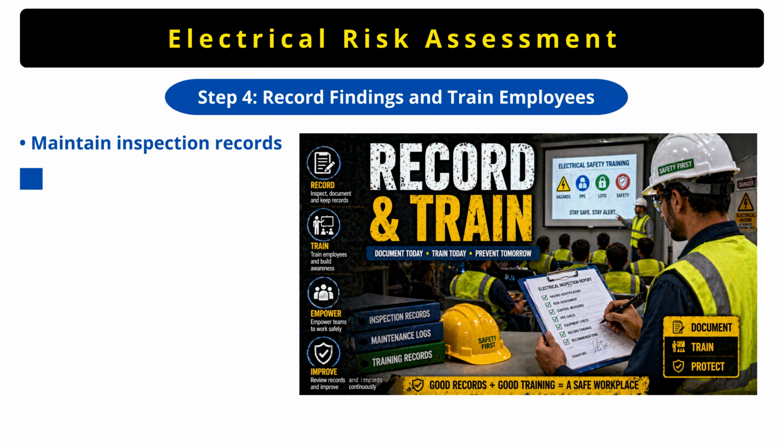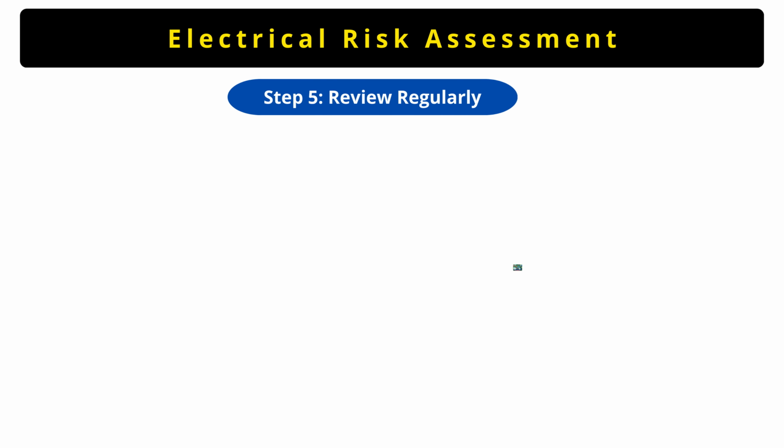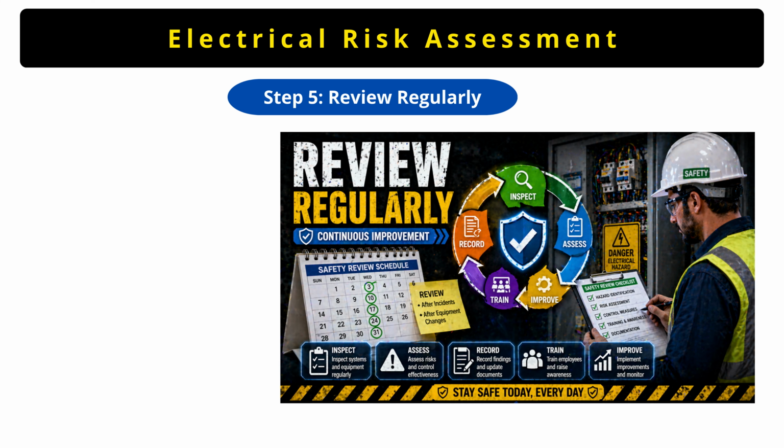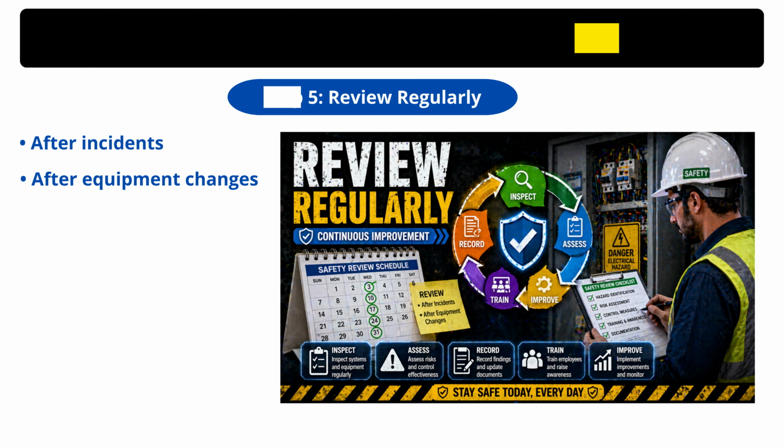So we can maintain inspection records and provide training to the workers. And the last one is step 5, which is review regularly. After an incident we can review it, or after equipment changes we can review it. So these are the 5 steps. By using this we can do the risk assessment at our site regarding electrical hazards.